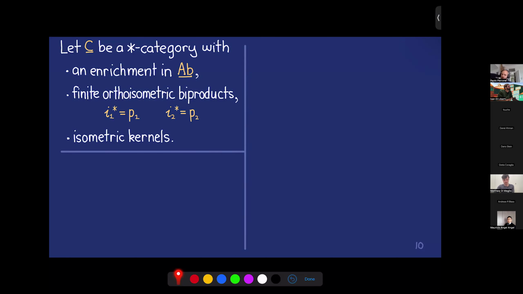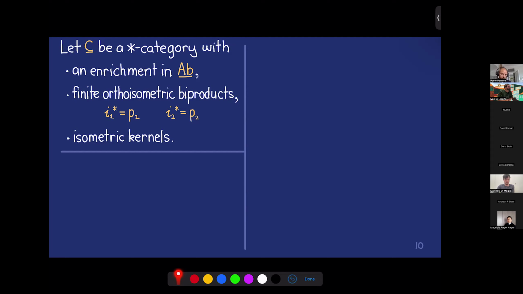Well, enrichment in abelian groups should hopefully be familiar, but it just means that every Hom set has an addition and a zero, and these form an abelian group, and they respect the composition in the appropriate ways. Finite ortho-isometric biproducts are also called finite dagger biproducts if you're using dagger category terminology.